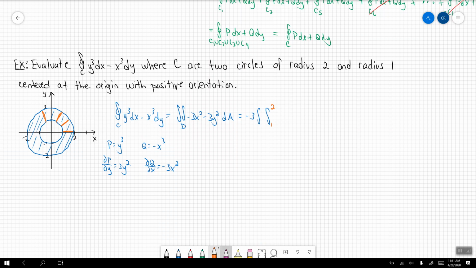Well, what about theta? What theta values are we traversing through? 0 to 2 pi. Nice. Alright, and then we factored out negative 3, so we're just left with x squared plus y squared, which means we're left with r squared. And since we changed our variables, this is just r dr d theta.